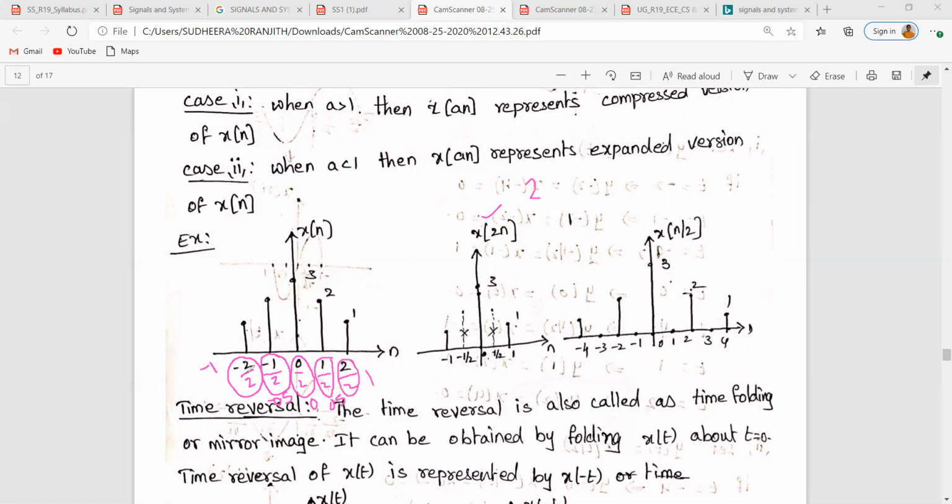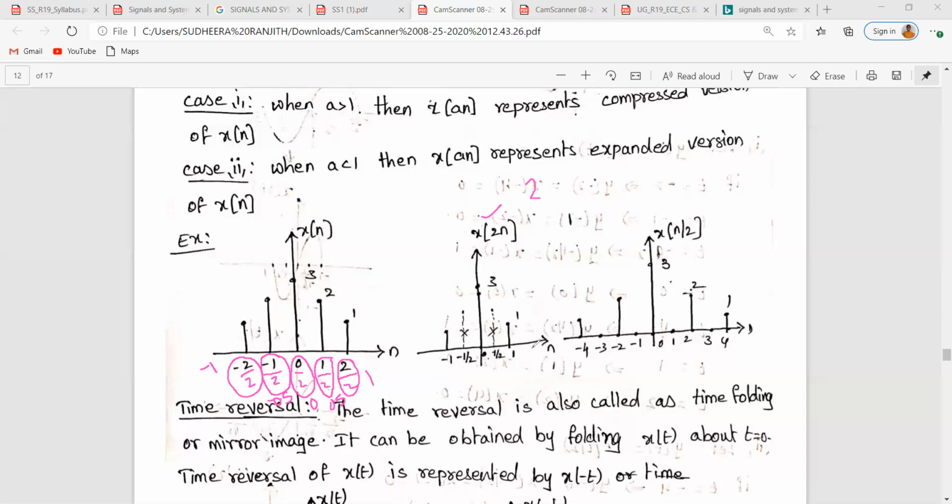The mapping is done. This sample should be drawn at minus 1, this sample at minus 0.5. Similarly, this sample should be drawn at n equal to 0, this one at n equal to 0.5, and this one at n equal to 1. This is how the signal looks.